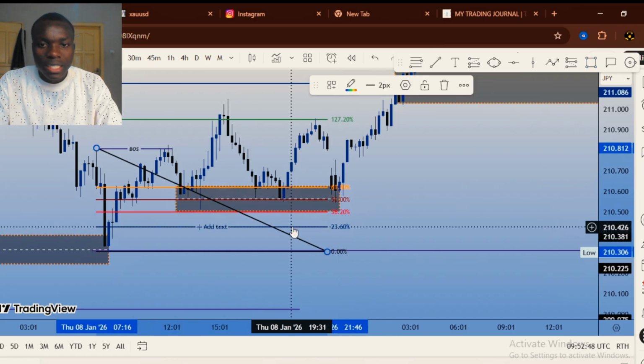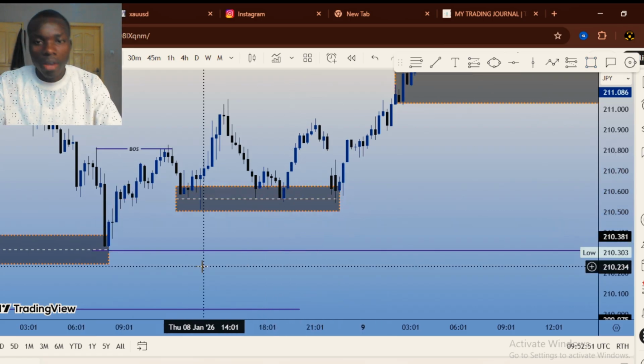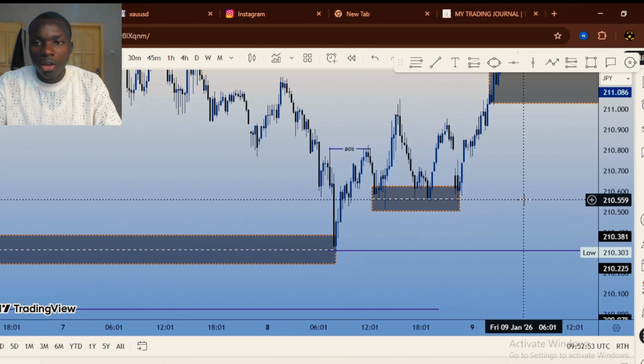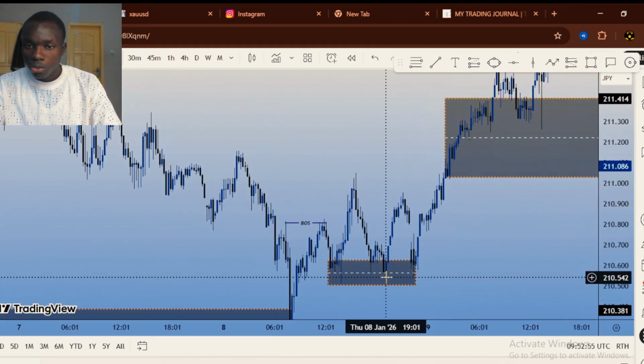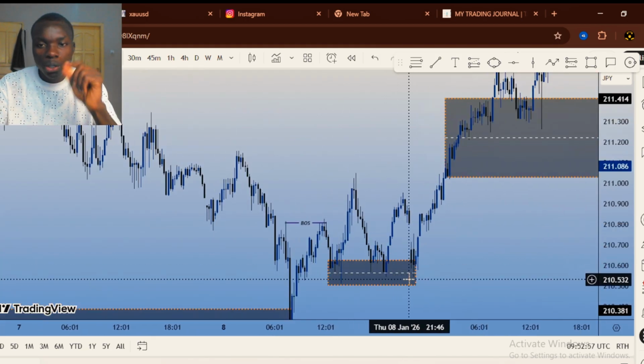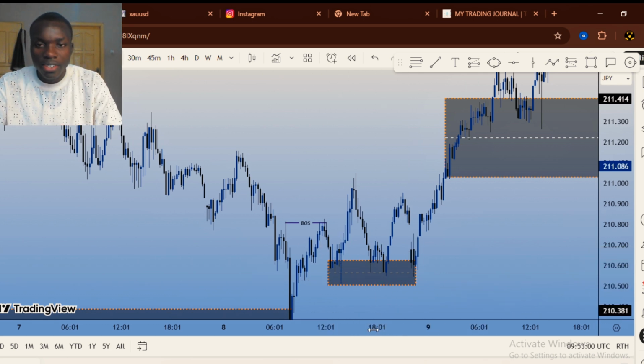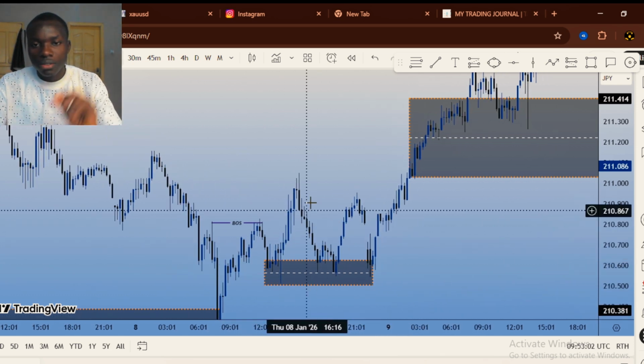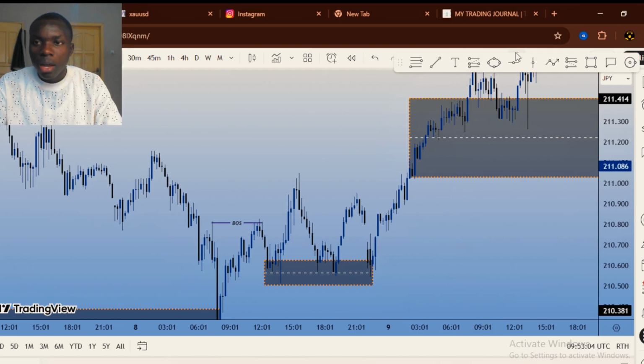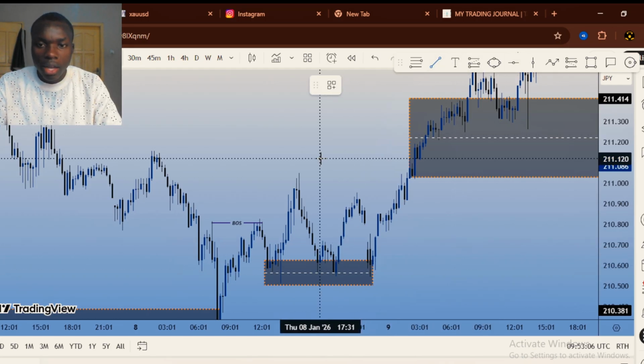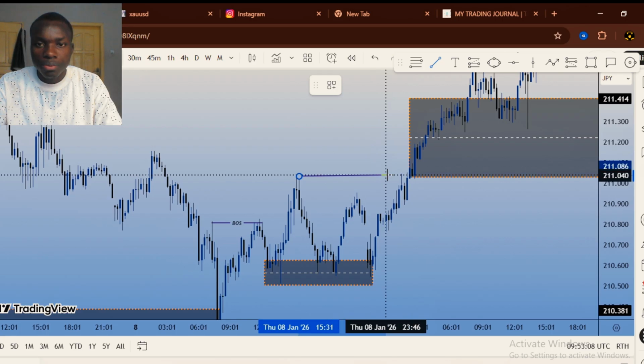What can you see inside this overall break of structure? There is another break of structure happening inside, which is the in between trend. That's the inside trend. Overall trend is different from that one. There is another break of structure after this particular one has formed, which is this one.